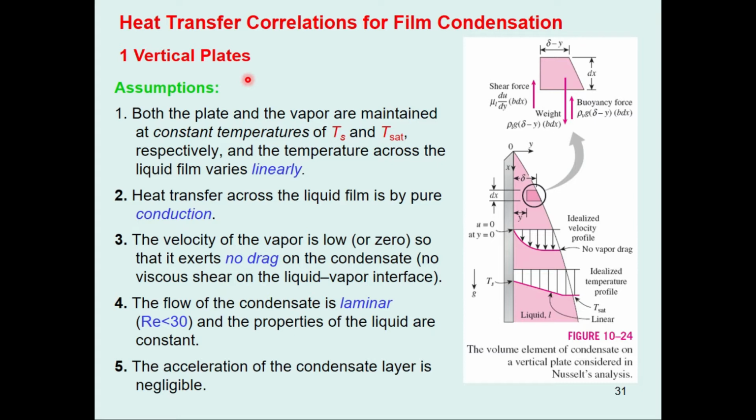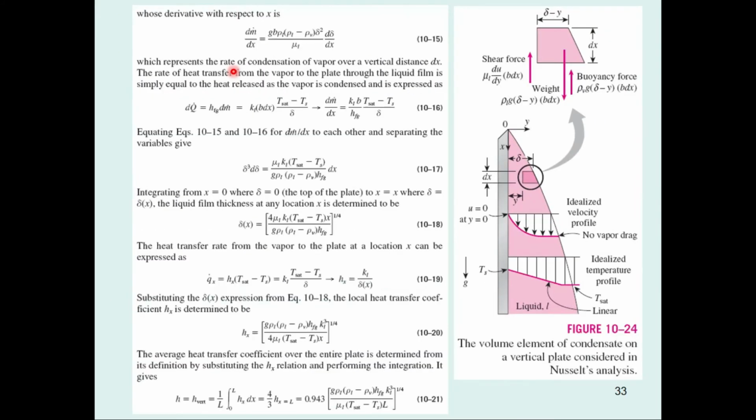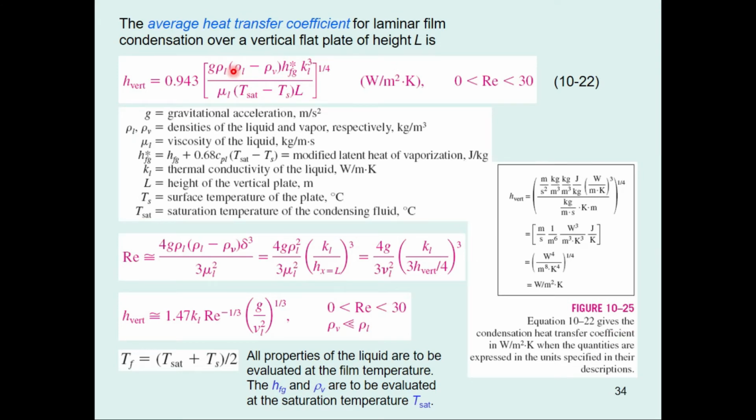Here one derivation is given, and I'm not going into the details of how to derive that particular formula. But for vertical plates, in order to determine the convective heat transfer coefficient, you can use this formula: the average heat transfer coefficient for laminar film condensation over a vertical plate of height L is given by this formula.